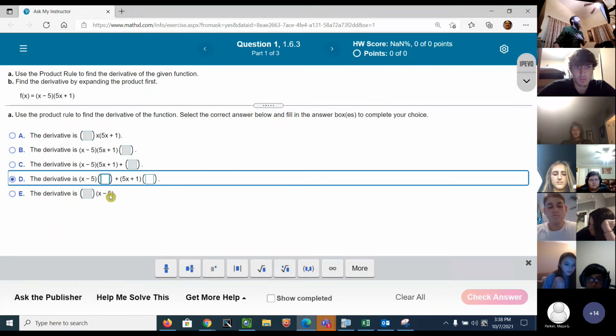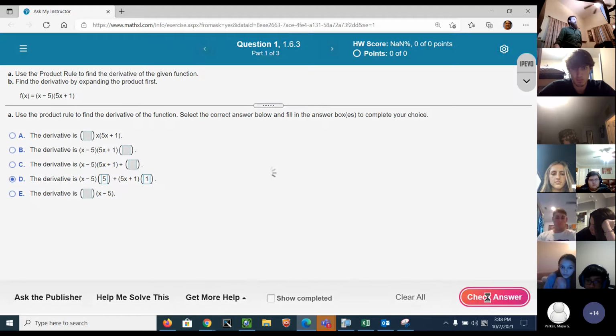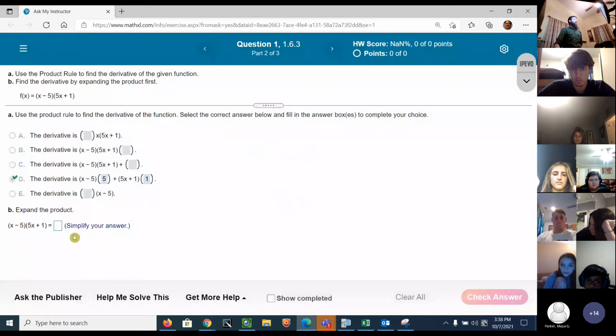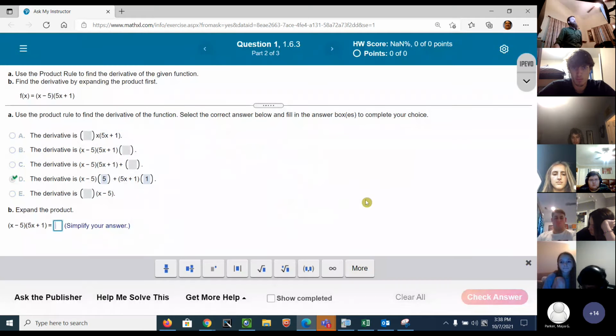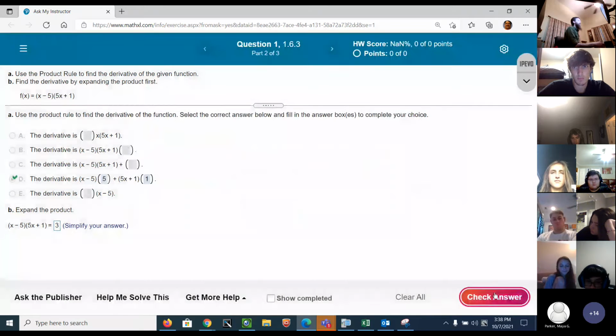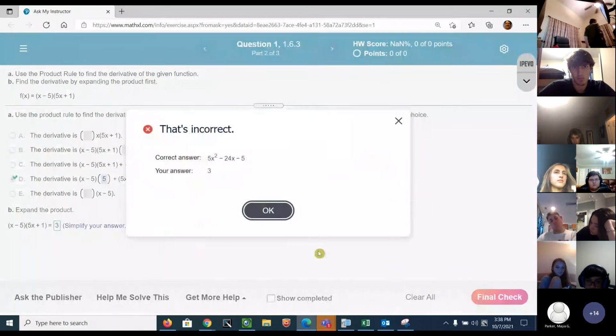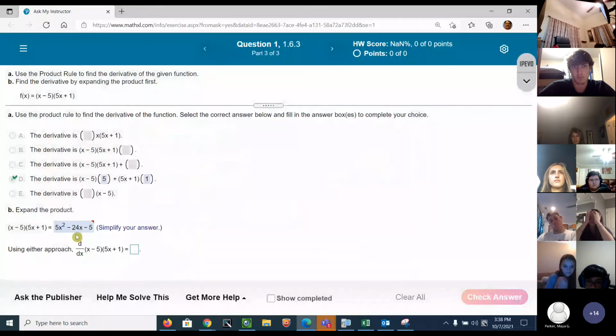X minus 5 times 5. Oh, they're doing the quotient, the power rule with you. Times 1. Oh my Lord. I'm not doing all that. 5x squared, 24x minus 5.